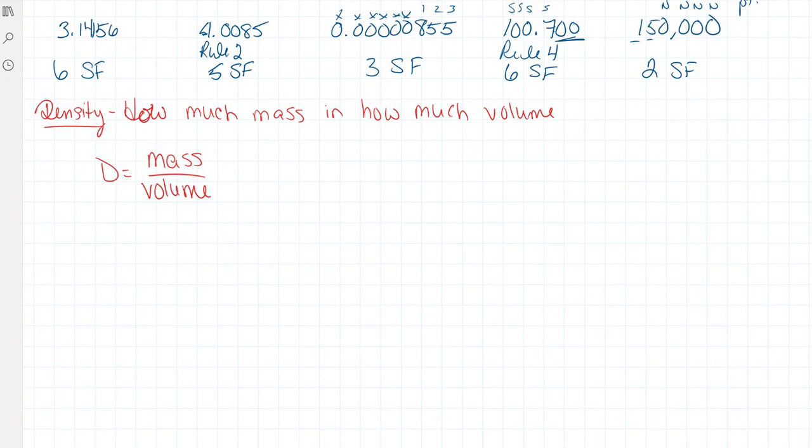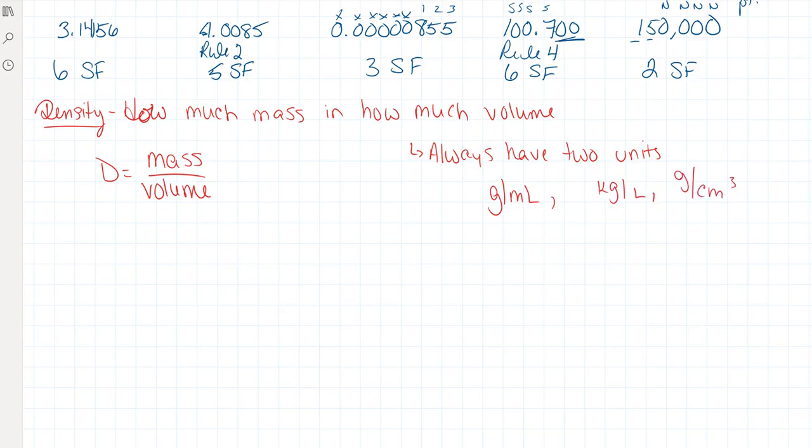Some important pieces about density. You'll always have 2 units. Some common units that you might see are grams per milliliter, kilograms per liter, grams per cubic centimeter.